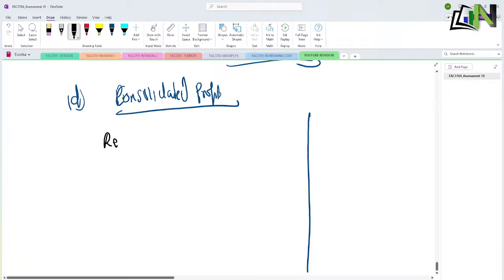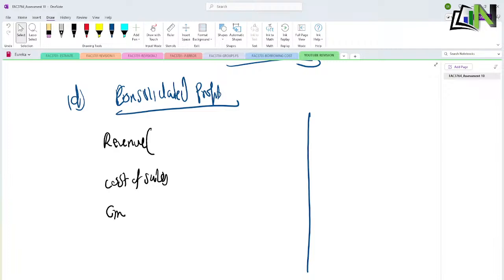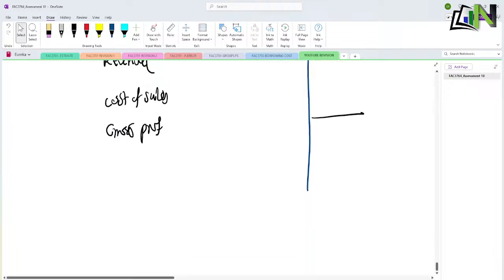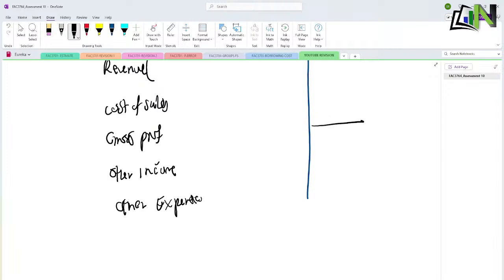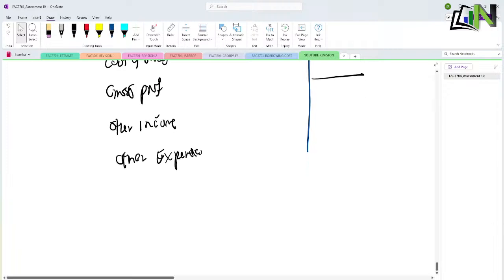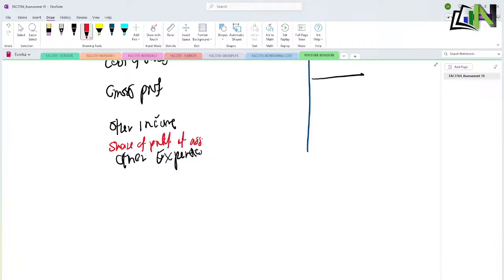Revenue. We'll just do revenue, cost of sales, gross profits. Yeah, we'll take that route, it's better. It's longer, but it's clearer, especially for explanation purposes. Okay, and then we have other income and other expenses, right? Then in between here, we're going to have share of profit of associates.